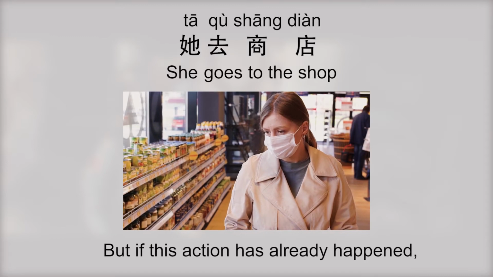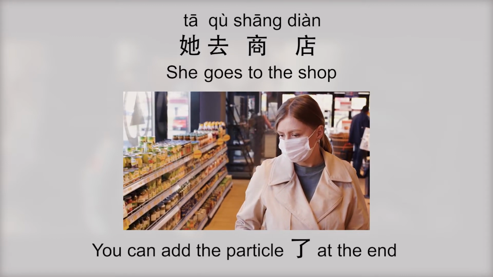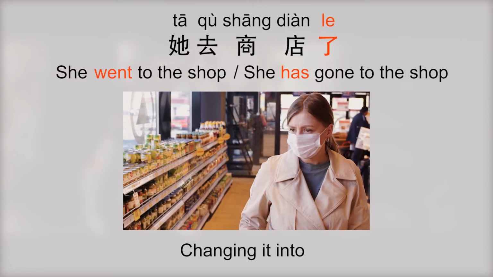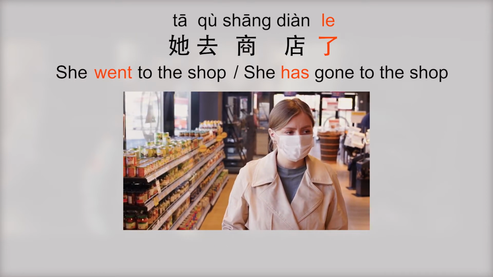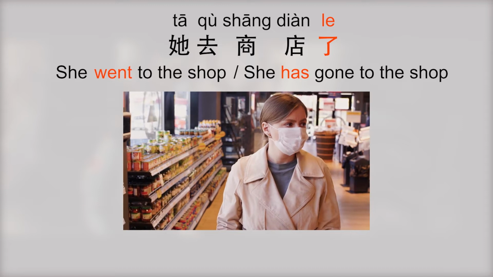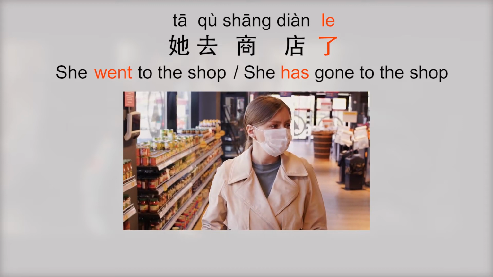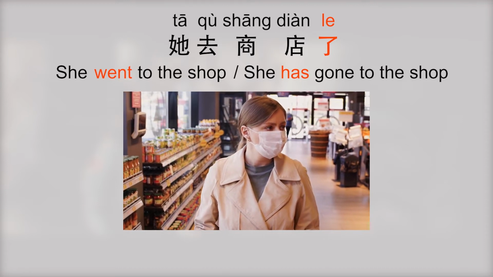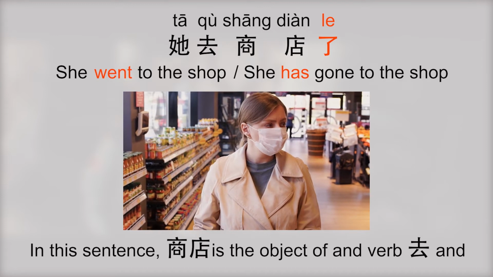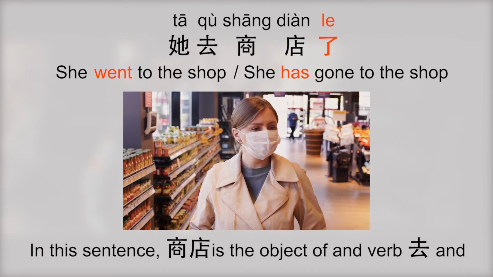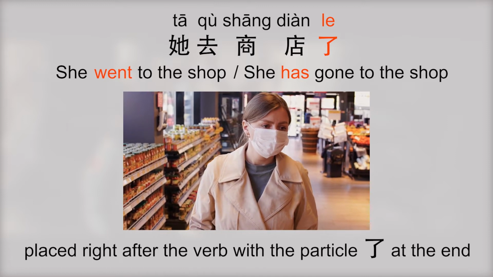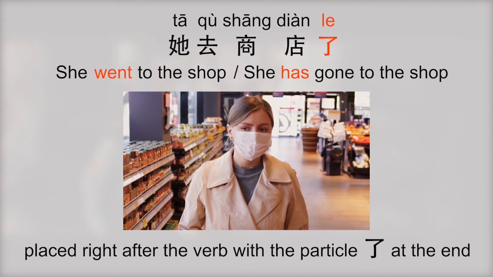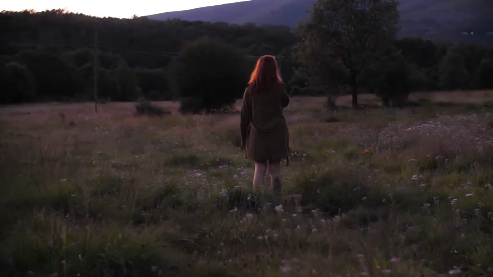But if this action has already happened, you can add the particle le at the end, changing it into 他去商店了. 她去商店了. She went to the shop, or she has gone to the shop. In this sentence, 商店 is the object of the verb 去 and placed right after the verb with the particle le at the end.